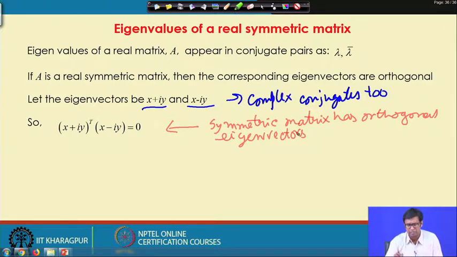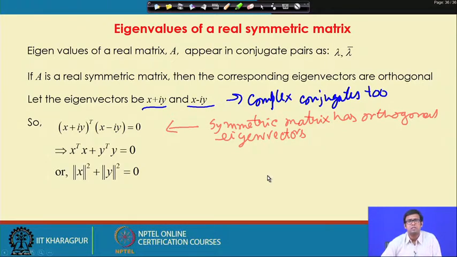Therefore, as they are distinct eigenvalues, x plus i y transpose into x minus i y is equal to 0, which gives us x transpose x plus y transpose y is equal to 0, or L2 norm of x plus L2 norm of y is equal to 0.